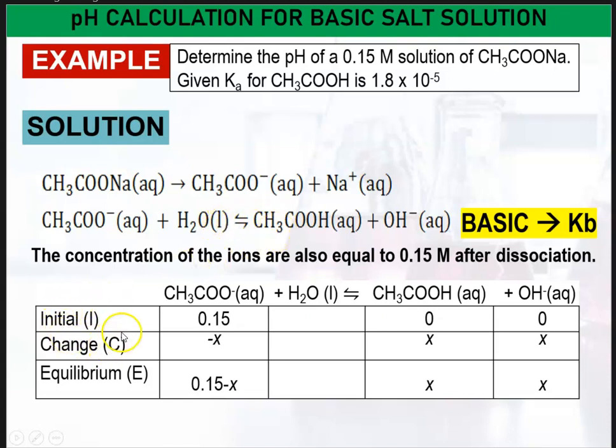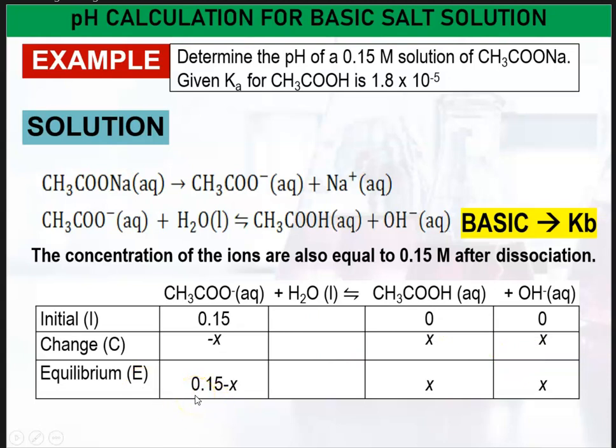So we will do the ICE table for this equation. Remember the concentration that comes from the dissolution of the salt is 0.15 for acetate ion. So like the previous calculation, this one 0, this one minus x, this one plus x, plus x.